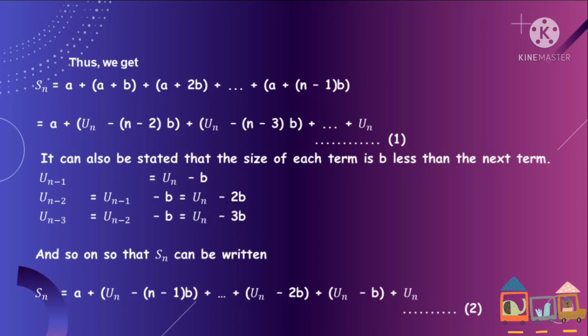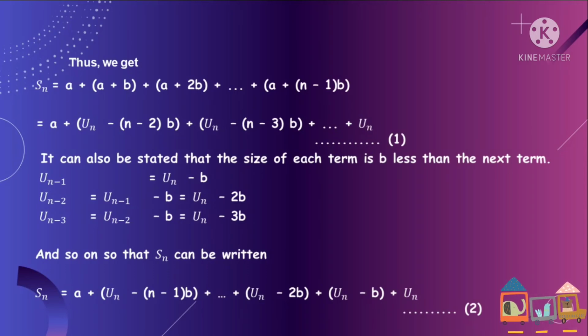It can also be stated that each term is b less than the next term. uₙ₋₁ equals uₙ minus b. uₙ₋₂ equals uₙ₋₁ minus b equals uₙ minus 2b.